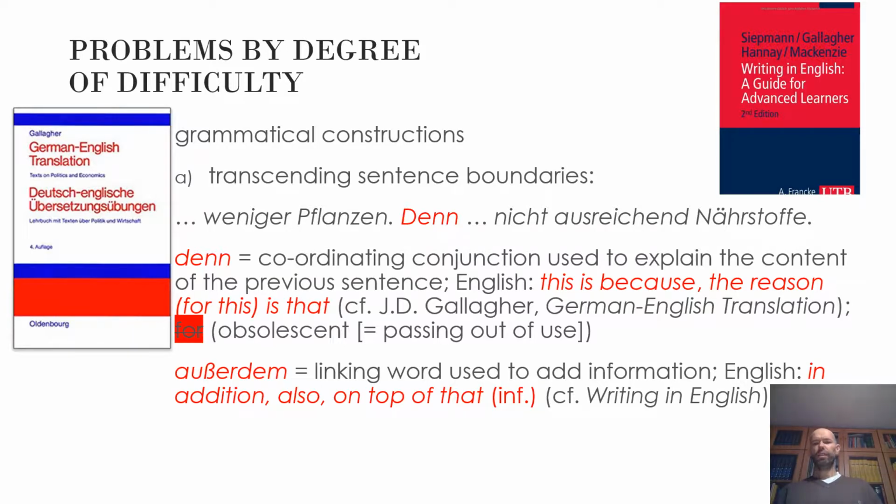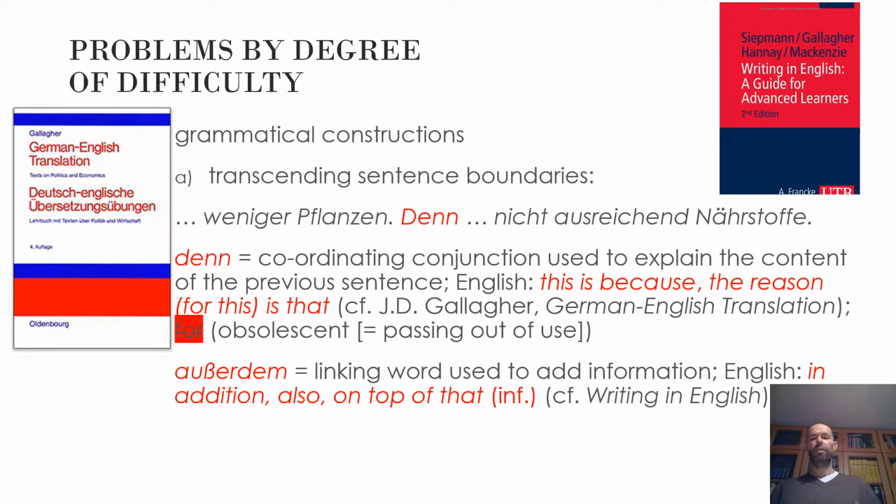It's a coordinated conjunction, and it's used to explain the content of the previous sentence, to provide a reason, to motivate what goes before. In English, and you won't find that in many dictionaries, this is usually translated as "this is because," or "the reason for this is that."